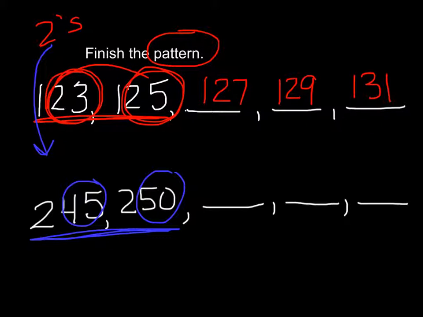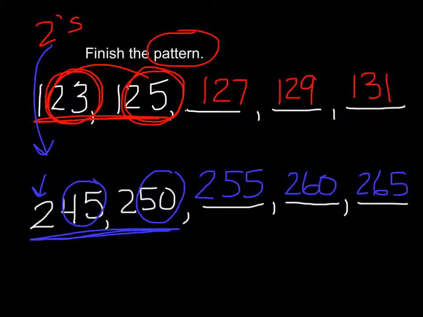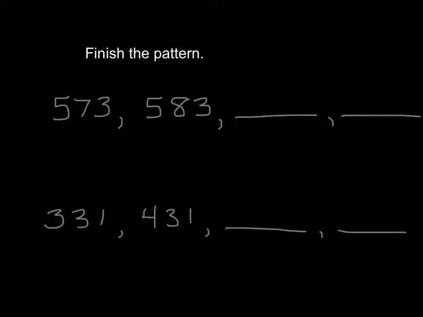To me, that looks and sounds like I'm starting a counting by fives pattern. 45, 50, 55, 60, and so on. But let's not forget that we do need to write down this 2 in our 100s place. So 255 would come next, 260, 265, and so on.